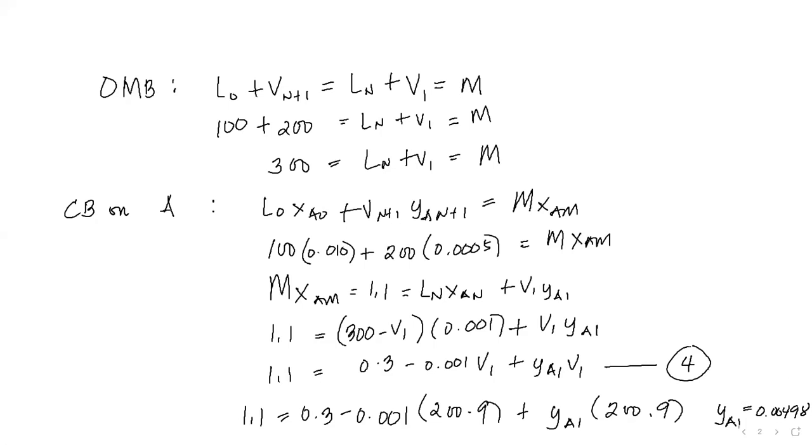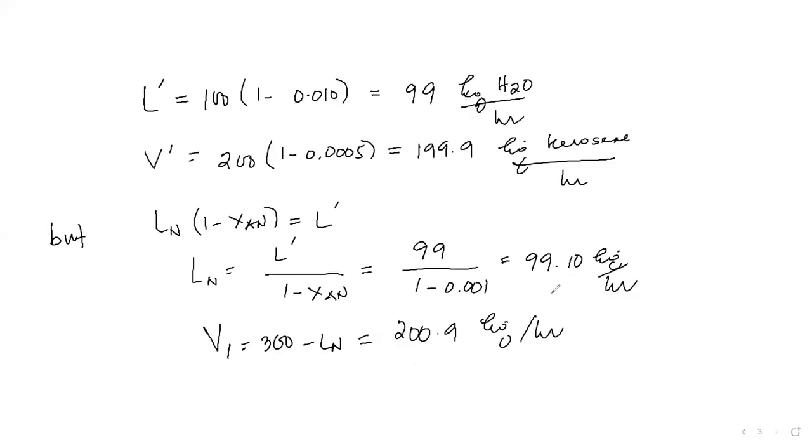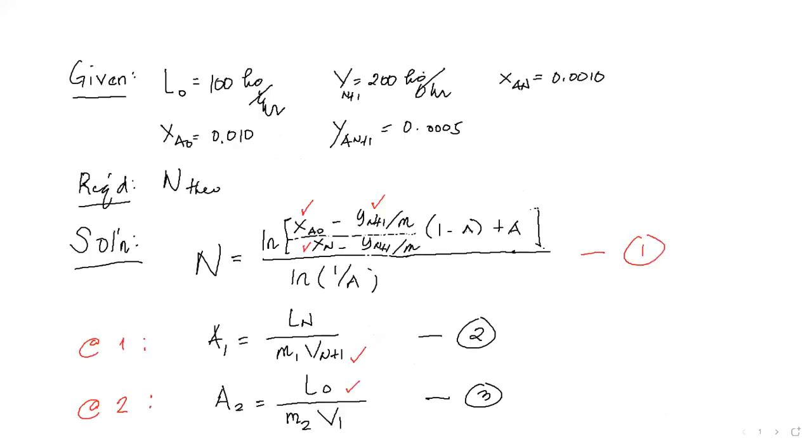So in the process now, we have determined the YA1. In the other slide, we have determined the Ln and the V1. Now, if we go back to our first slide, the Ln and the V1 are already known quantities. That leaves us with the M1 and the M2. Now, let me discuss how to find the slope M1 and M2.